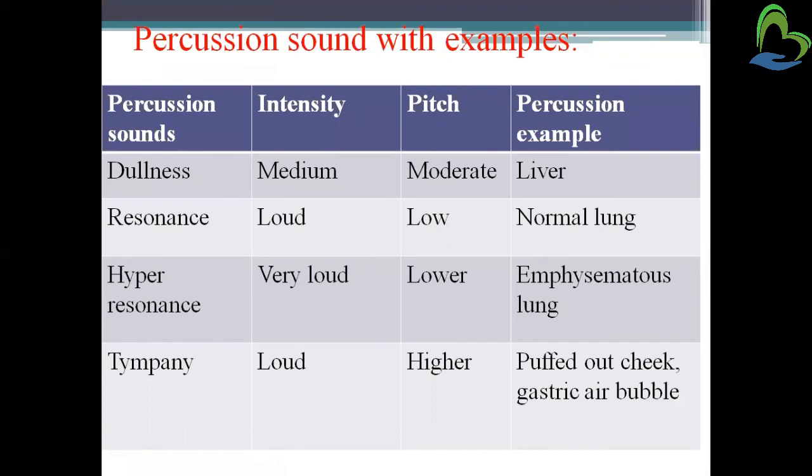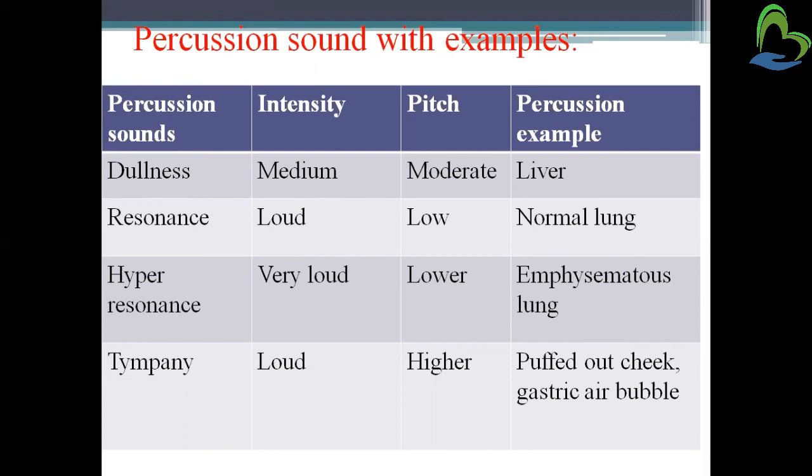So, the percussion sounds with examples. If dullness comes in your finding, the intensity is medium and the pitch is moderate, and you can find it at the liver level. Then the second one is resonance. It is very loud intensity and low pitch, and it is normally found over the lung.